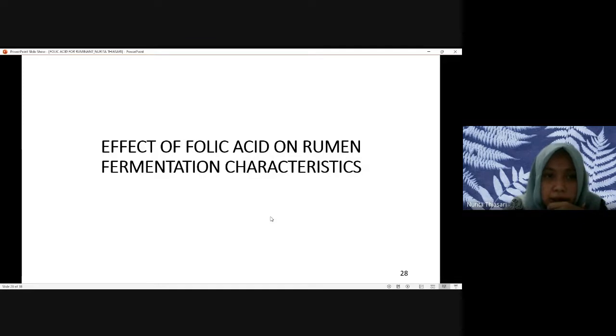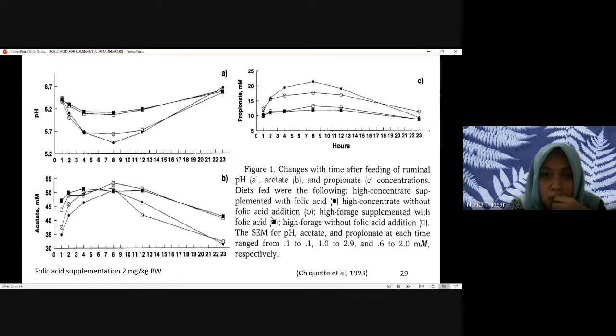And next is the effect of folic acid on ruminal fermentation characteristics. Here I would like to show the first figure, which is about the pH.